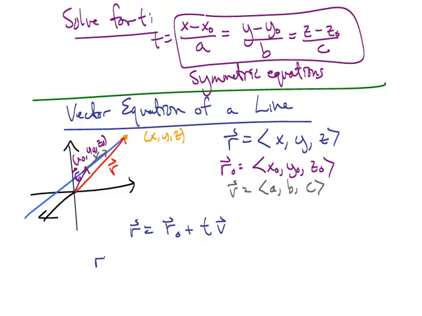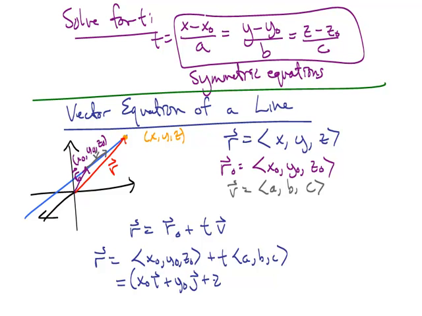In other words, r would be equal to the vector x naught, y naught, z naught plus t times a, b, c. Or, as you may be asked to enter it in this form, x naught i plus y naught j plus z naught k plus t times ai plus bj plus ck.